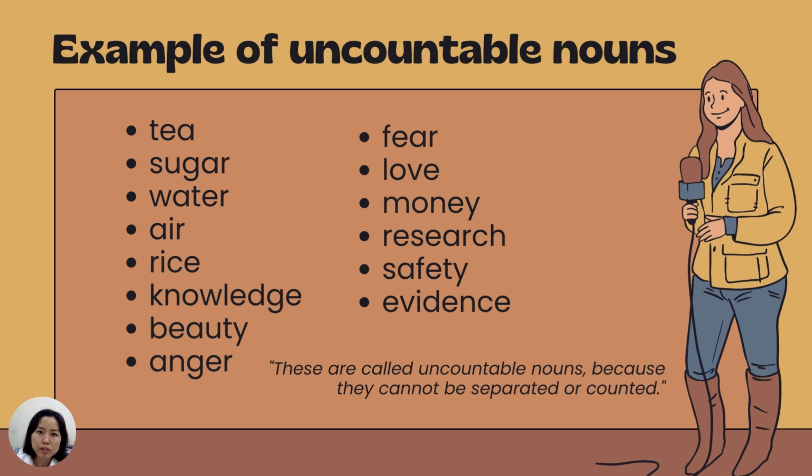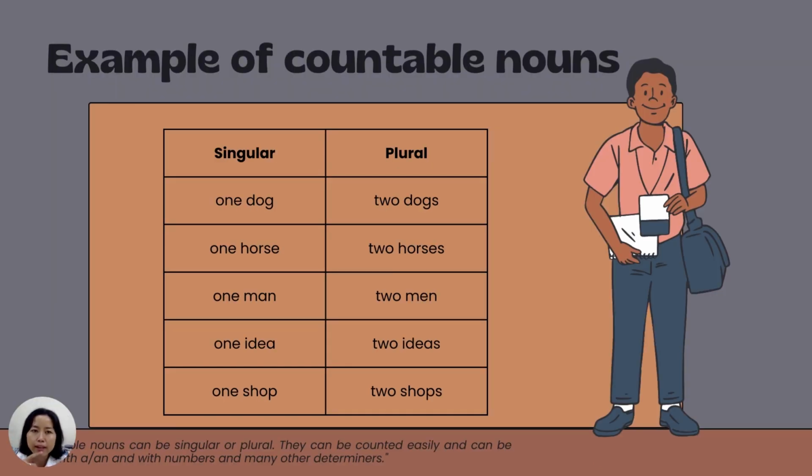And the next one is about countable nouns. Countable nouns are called countable because they can be singular or plural and they can be counted easily.